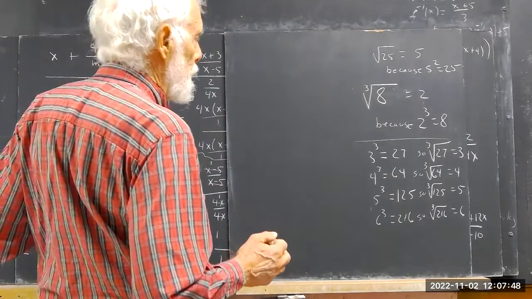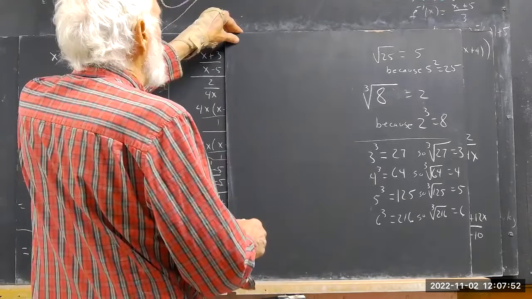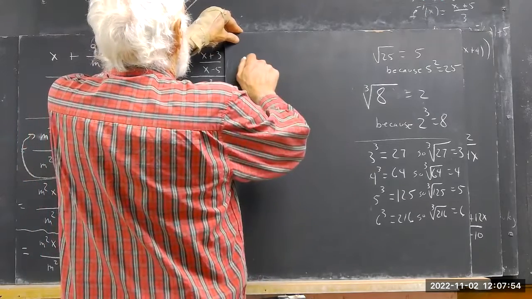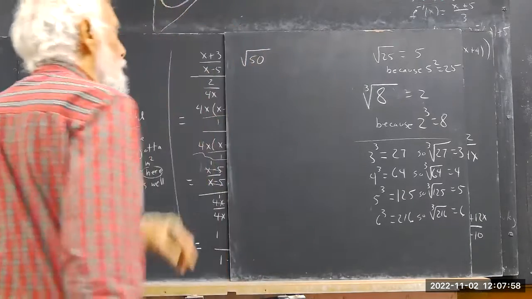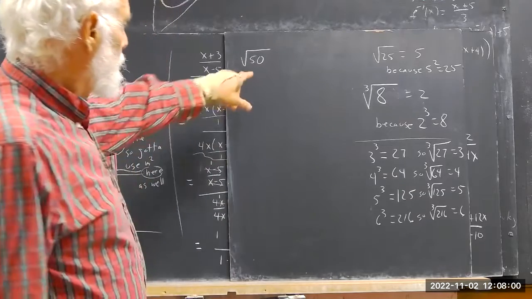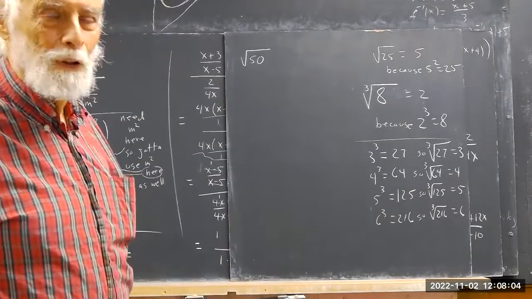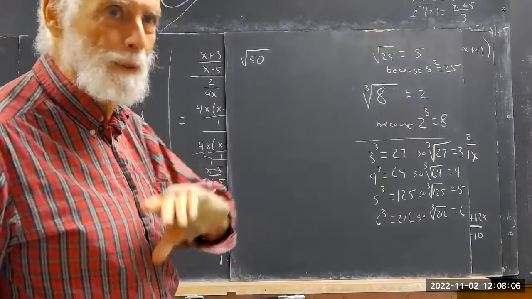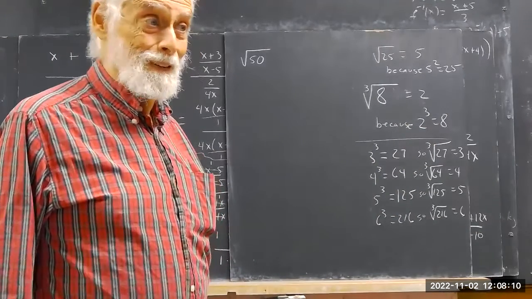Now with this much information, there are things I can do. For example, let's stick with square roots for a few minutes. What's the square root of 50? Well, you don't know, I don't know, it's an irrational number. I can't express it exactly, nobody else can either.